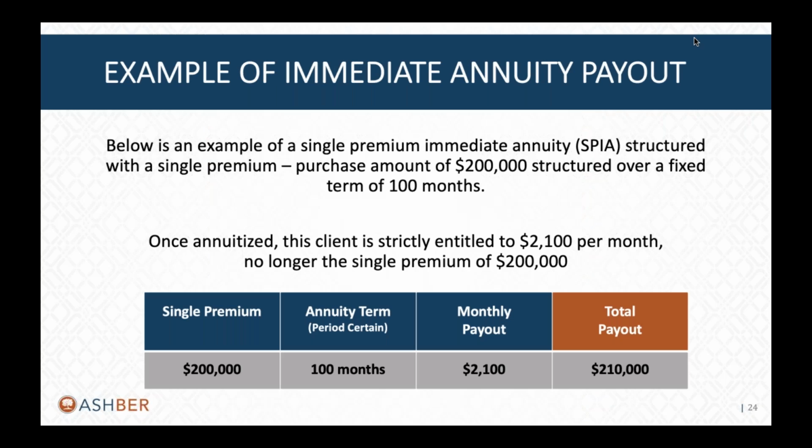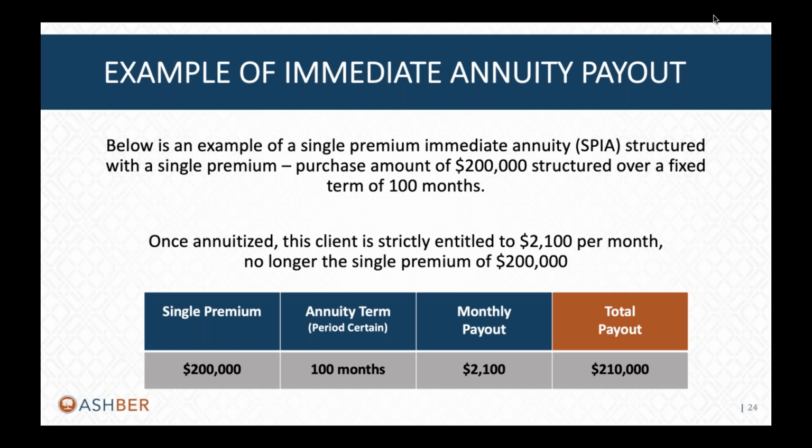An example of an immediate annuity payout would be a client that was purchasing an immediate annuity with $200,000 as the single premium or the purchase amount, and they invested that money for a time frame of 100 months, so that the monthly payout on the contract is going to be $2,100 for a 100-month period, meaning that when you multiply the 100-month time frame by the monthly income of $2,100, the total payout is $210,000.